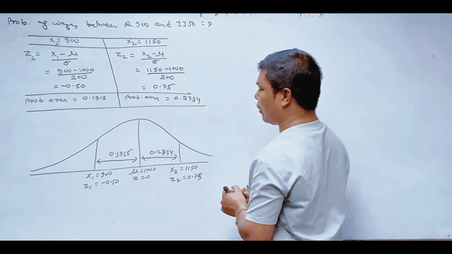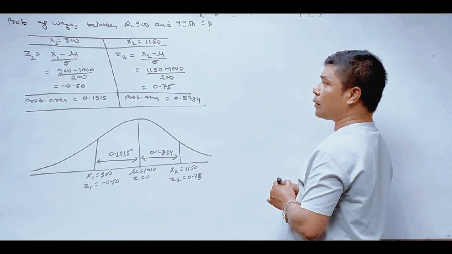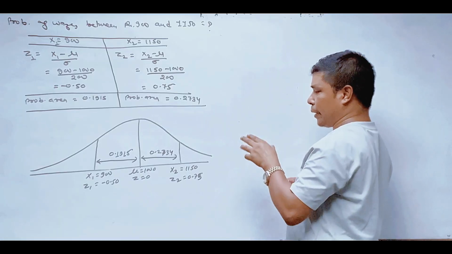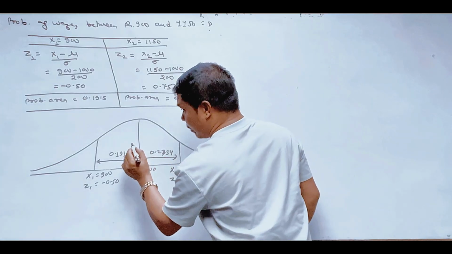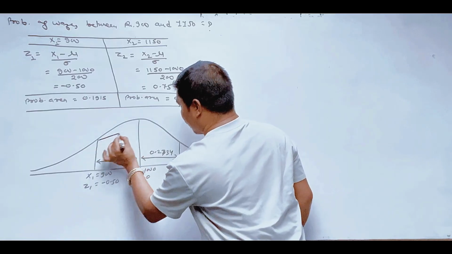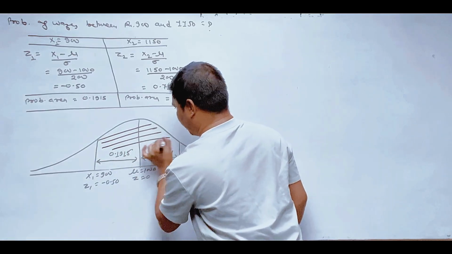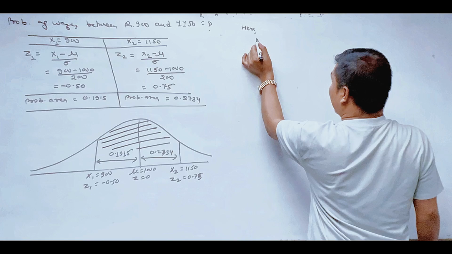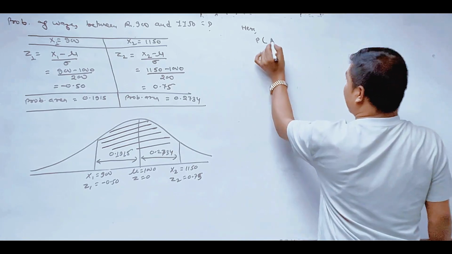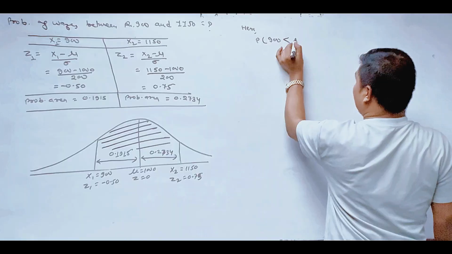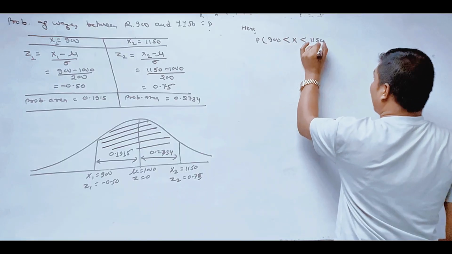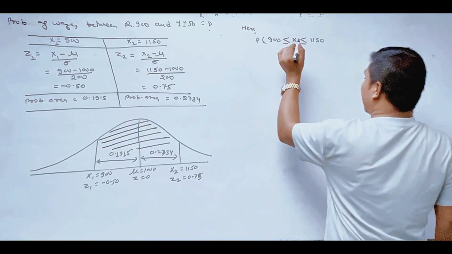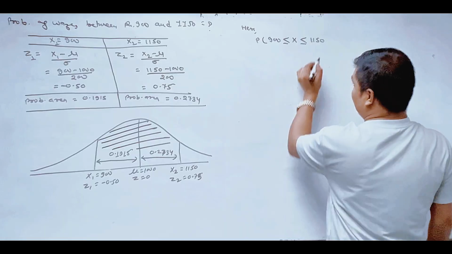Once we look at the question, which is the probability of wages between 900 and 1150, we set the curve as the mid part by joining the left part and right part. Here the question can be represented as the probability of 900 less than x less than 1150. We can also write less than or equal to, because the normal distribution is a continuous probability distribution, so we can write either.